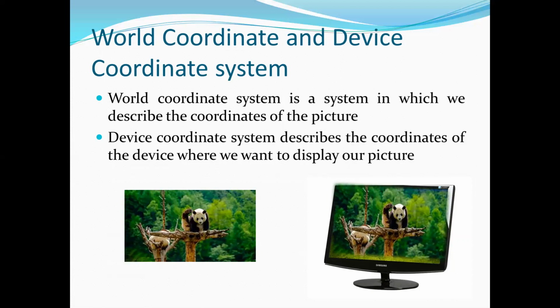Any convenient Cartesian coordinate system is referred to as the world coordinate reference frame. That indicates that whatever objects we can see around ourselves belong to the world coordinate system.